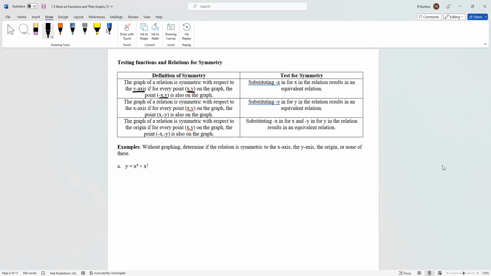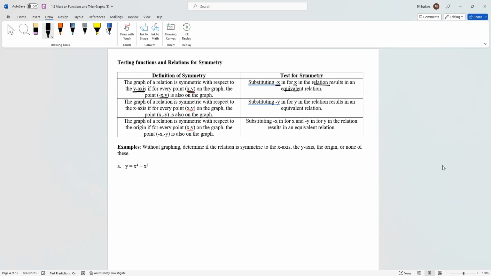The way to test this, if we're not looking at it graphically, is to substitute in negative x for x and make sure that the relation is equivalent. Okay, well, that's basically what we did before for even functions, but now we're doing it for a relation.